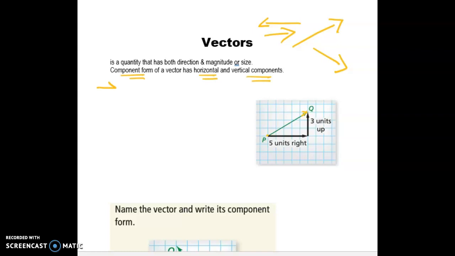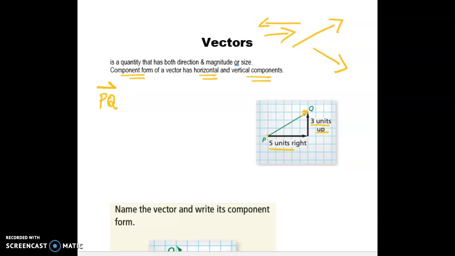There is an arrow here, and that is the direction of my vector. So I will write vector PQ, and you can see the half arrow is above Q because the direction is towards Q. How many units? Horizontally, it has 5 units and vertically 3 units up.